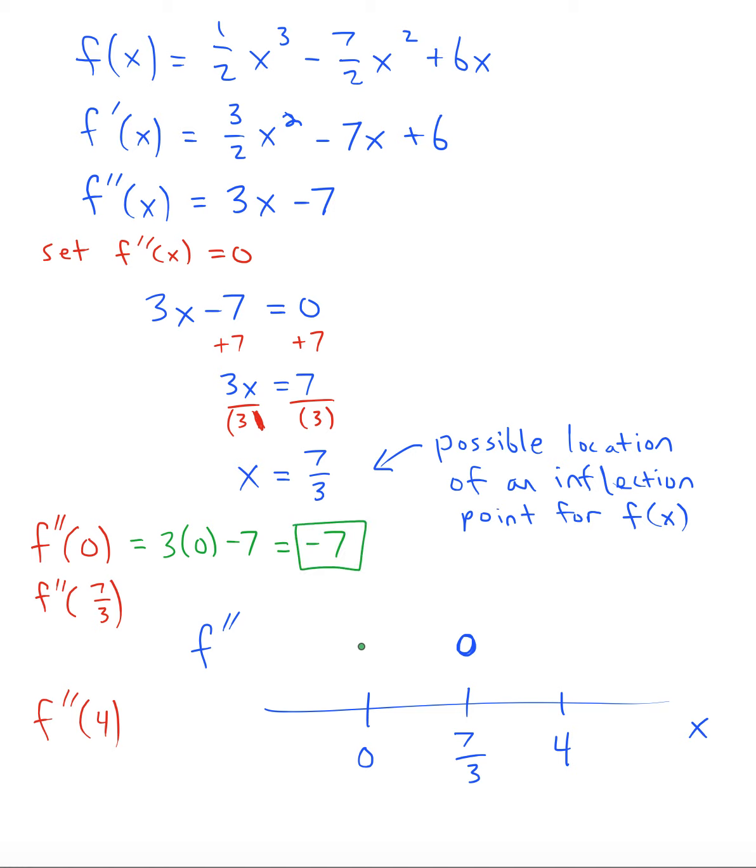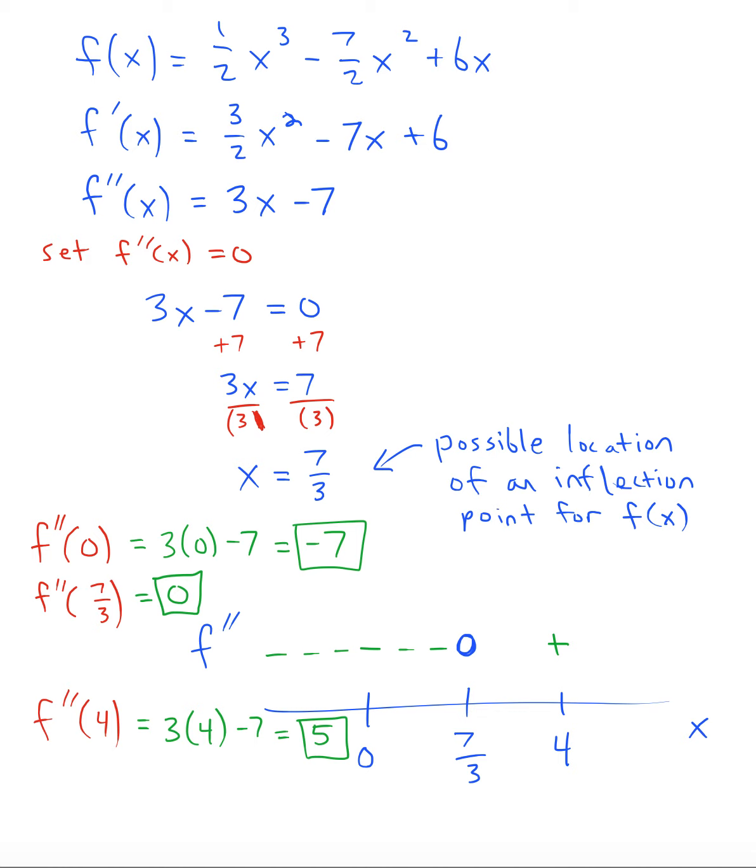So let's go ahead and put a negative there. In fact, we can just put negatives all throughout that region. The second derivative at 7/3 is going to be equal to 0. That's what we found above. And here, we'll plug in a 4. And we get a positive 5.